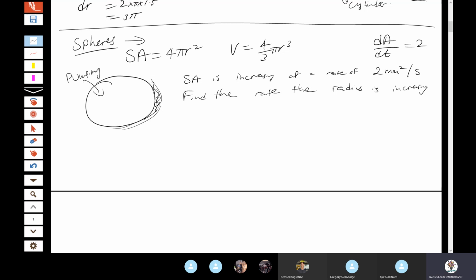You could put, find the rate the volume's increasing, there's so many different ones, but they're all going to work the same way. Find the rate the radius is increasing when the surface area, I should say, equals, I don't know, 30. Who cares? Whatever, millimeters.